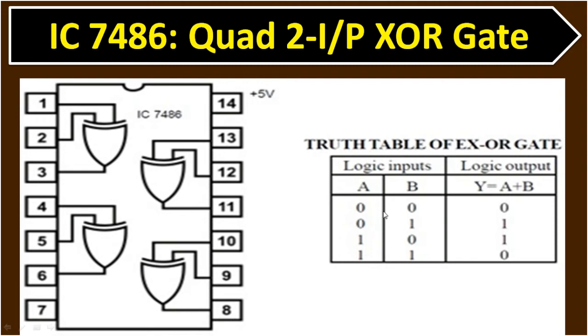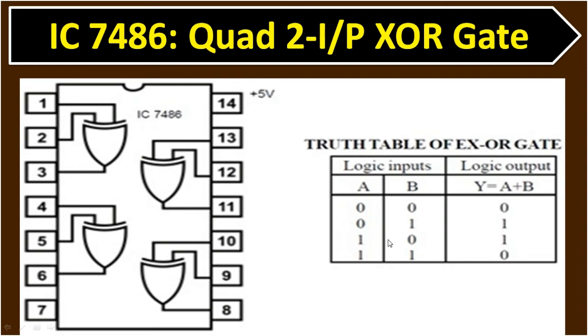And as I told you, the XOR gate acts as an odd parity generator. Odd parity generator means if the number of ones in the input is odd, then output will become 1.